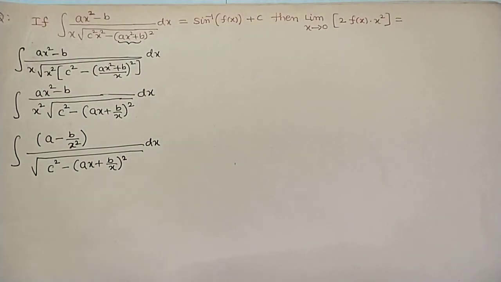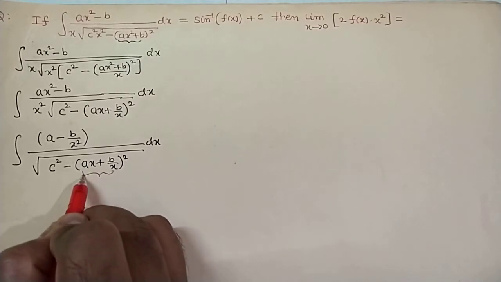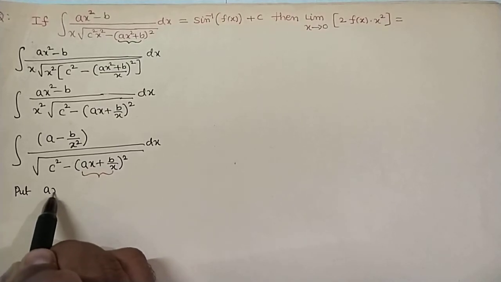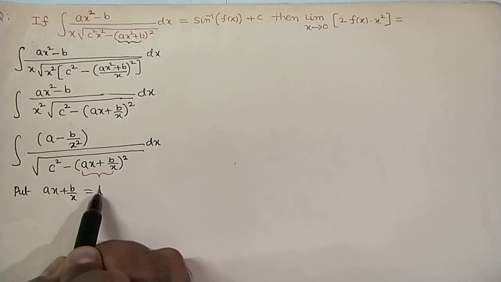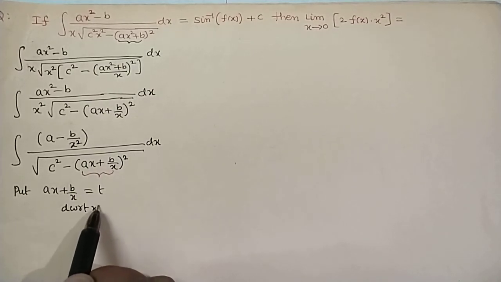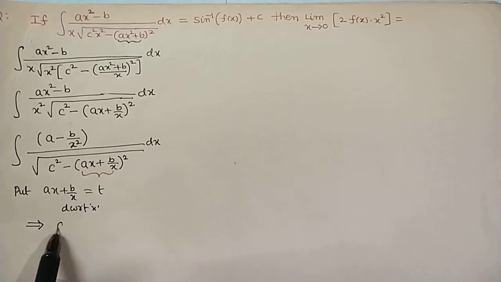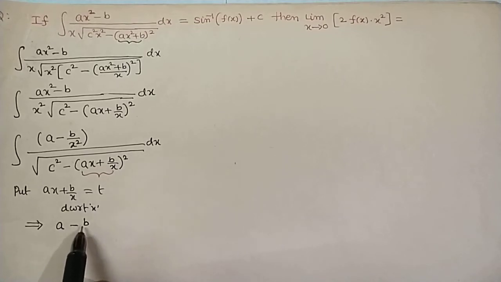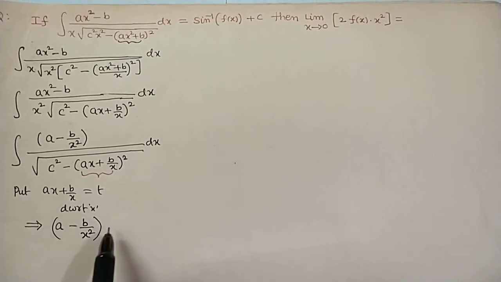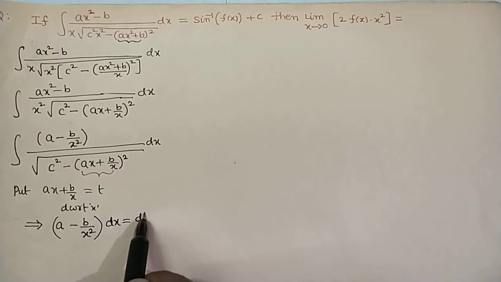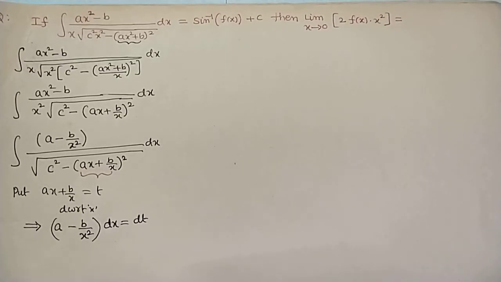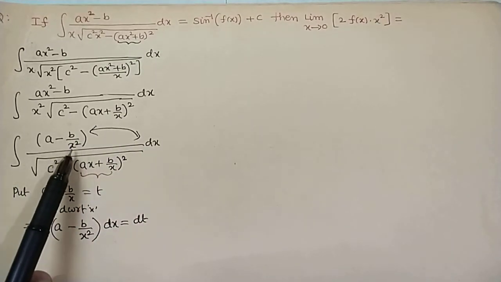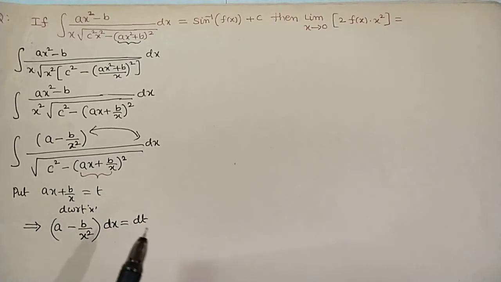Now put ax plus b by x is equal to t and differentiate with respect to x. So a into x derivative is 1, plus b into 1 by x derivative is minus 1 by x square, so (a minus b by x square) into dx is equal to dt, which is there in the numerator now clearly.